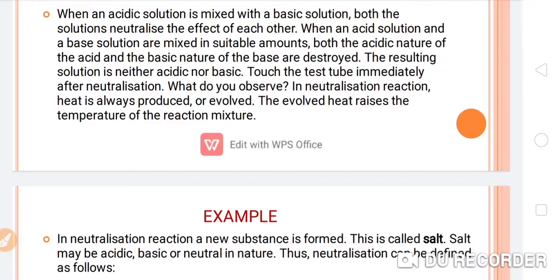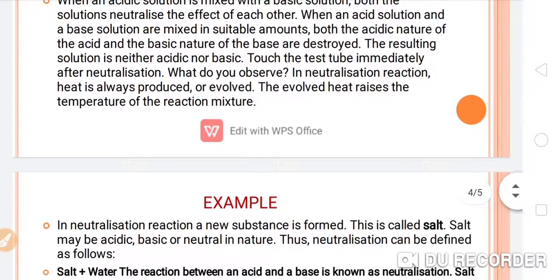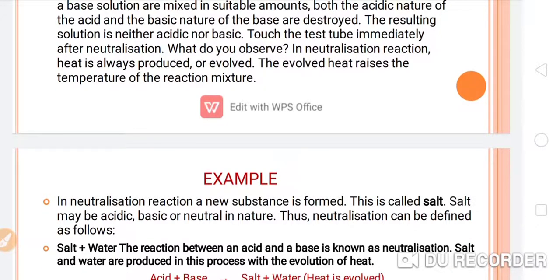In a chemical reaction, if heat is evolved, the reaction is exothermic. The evolved heat raises the temperature of the reaction mixture, due to the evolution of heat.